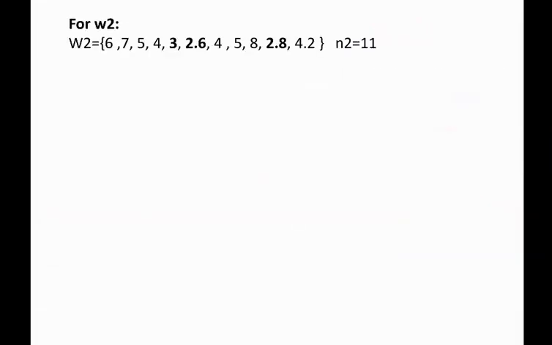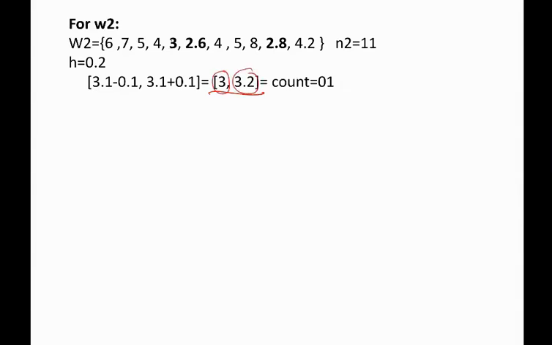Now we will do the same procedure for omega 2. I start with the same value of h and take the same range, but I find in this range, say 3 to 3.2, I have only one sample.